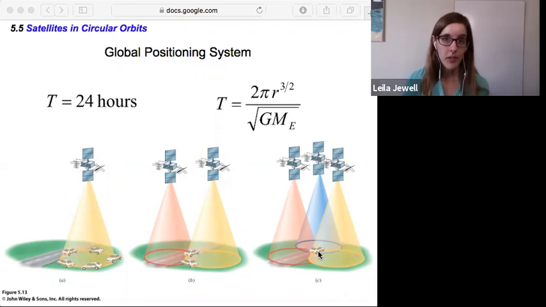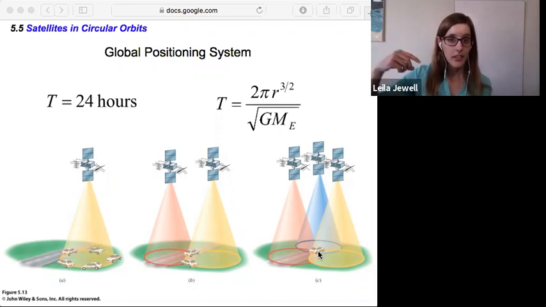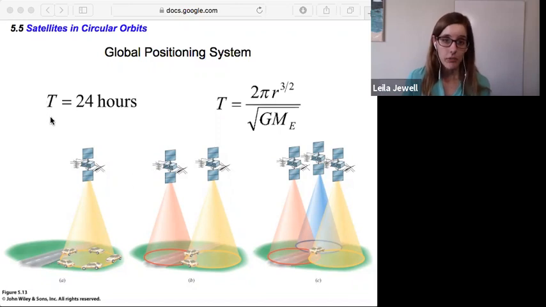Satellites also sometimes are designed to be geosynchronous, where they stay at the same point above the Earth at all times. This is really useful for communications, like digital satellite TV, where you want to get the signal from the satellite. To do that, we set our desired period at 24 hours.